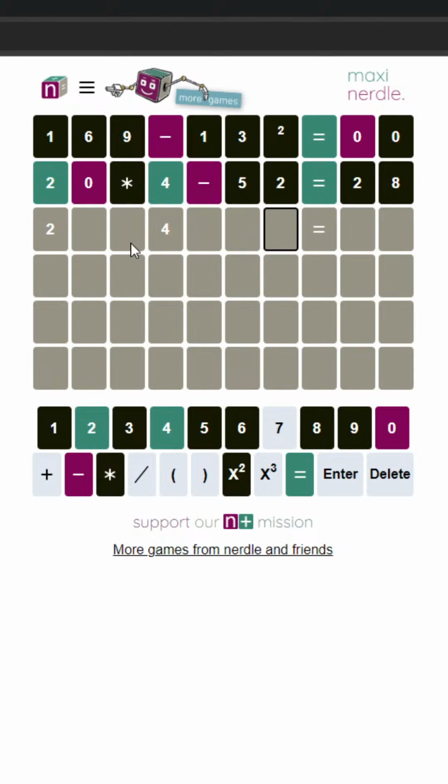The subtraction sign has to be here, here, here, or here. Unless it's over here. It could be over here if it's a negative number. 2.